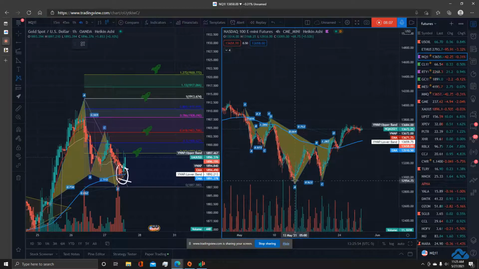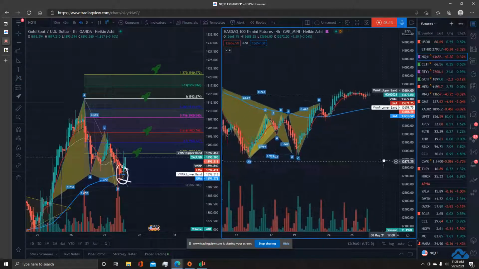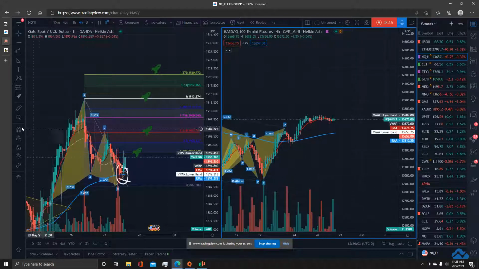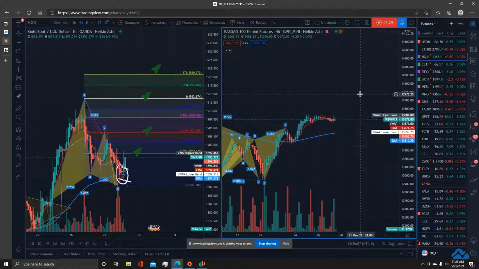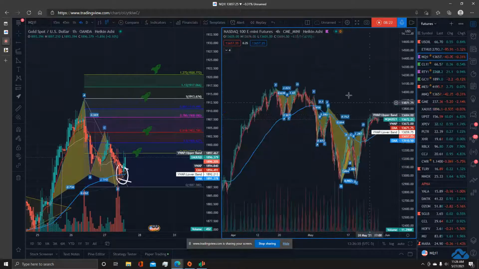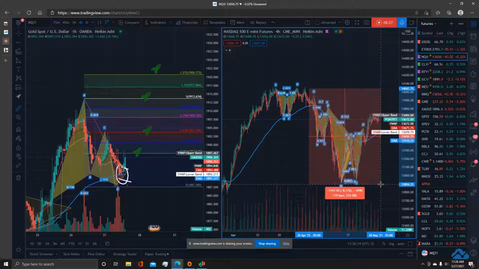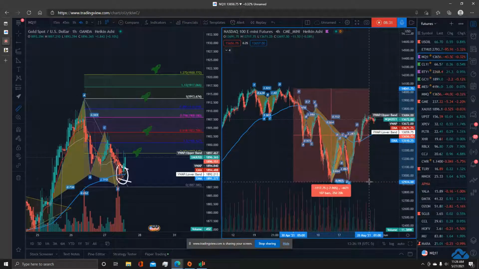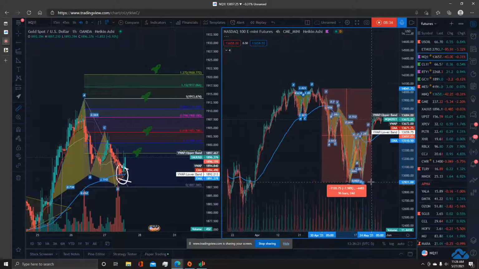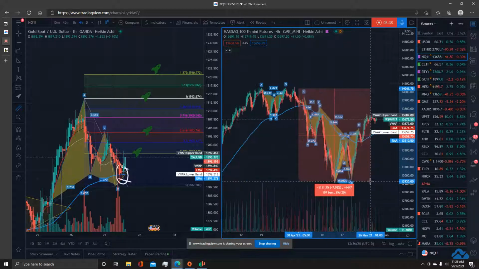The name of the game is to be able to put these together, and once you can put them together, like my mentor said, the market is your ATM. That's the name of the game, guys. Get these kind of gains. 1,000 points. That's something to brag about when you can get these drops. That's something you want to be talking about.